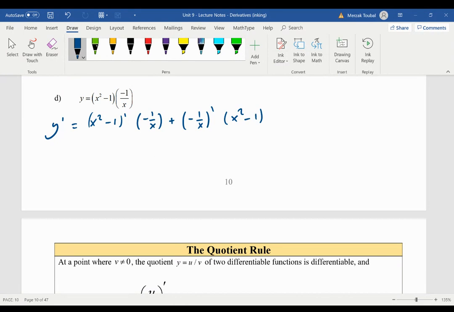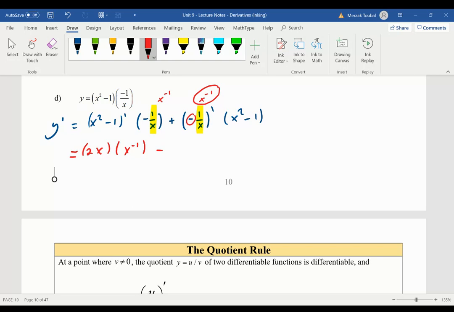Now, the 1 over x, we have to do something about that, is the same as x to the negative 1. 1 over x is the same as x to the negative 1. So derivative of x squared minus 1 is 2x times x to the negative 1 minus, what's the derivative of x to the negative 1?